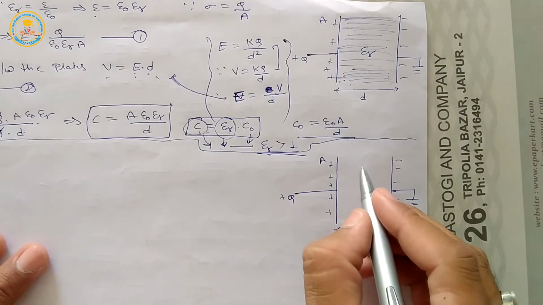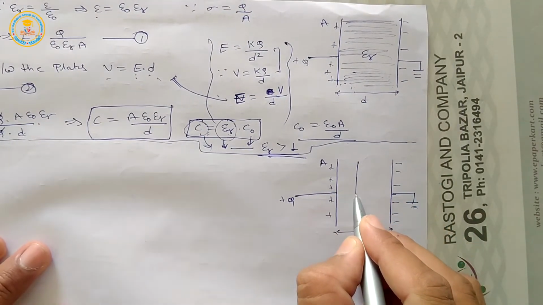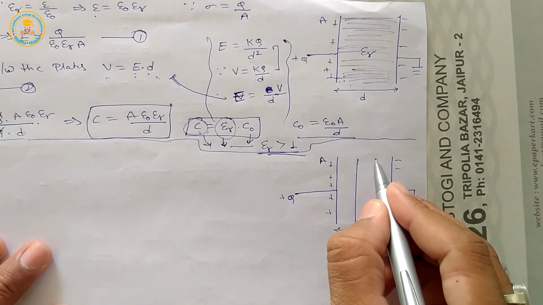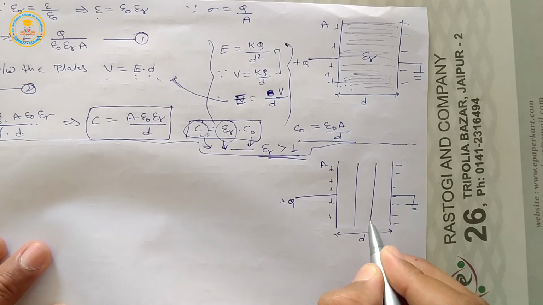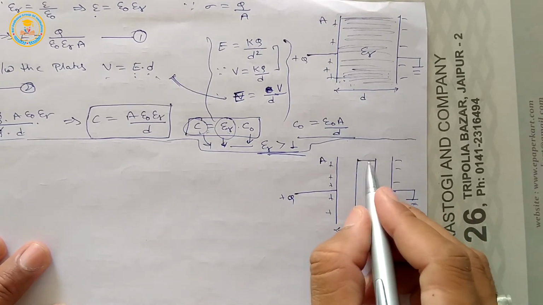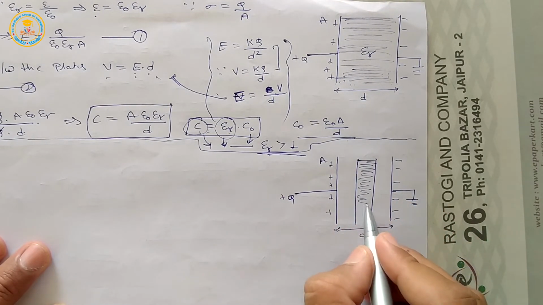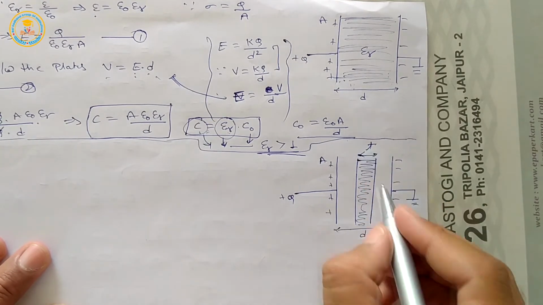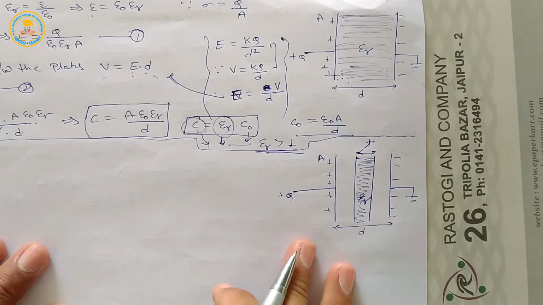Now we take a dielectric substance of dielectric constant epsilon R and thickness t. The thickness of this layer is t and the dielectric constant is epsilon R.